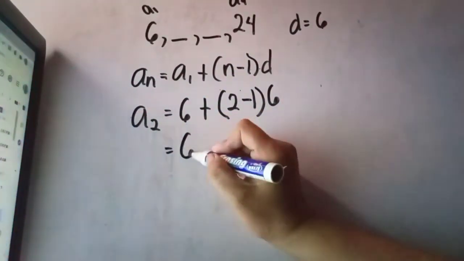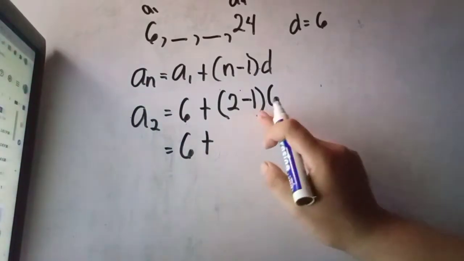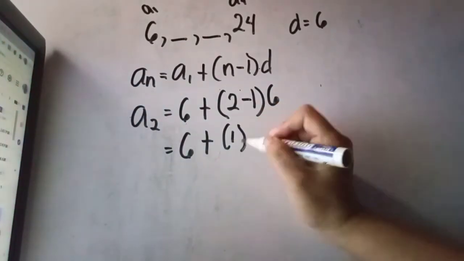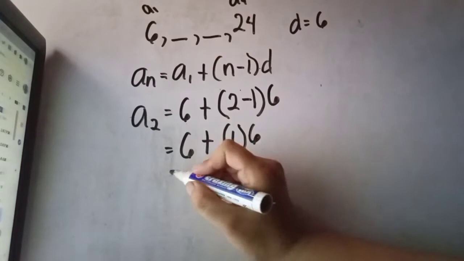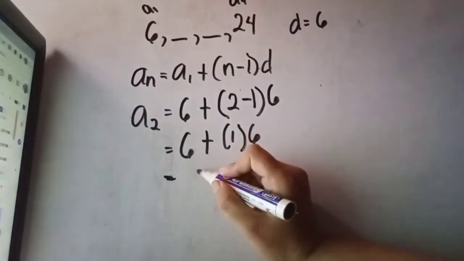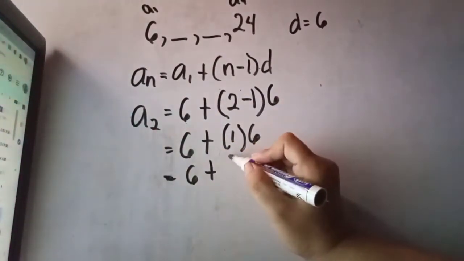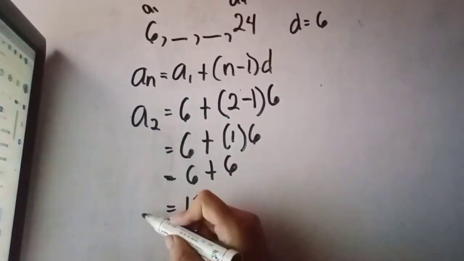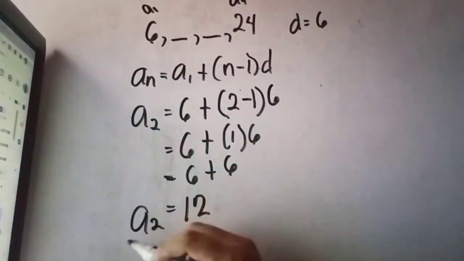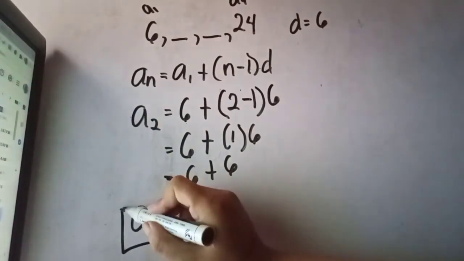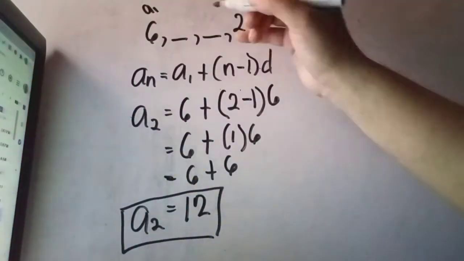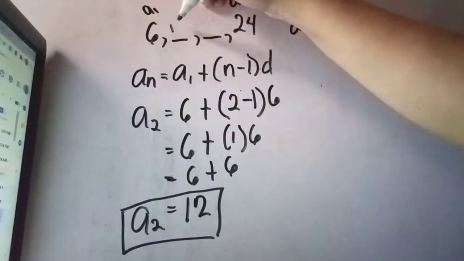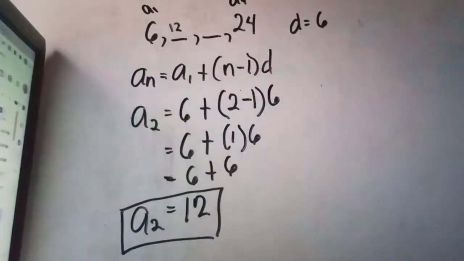Okay, 6 plus 2 minus 1 is 1 multiplied by 6. So, magiging 6 plus 6. Therefore, ito ay magiging 12. So, ang ating a sub 2 or ang ating second term ay 12.